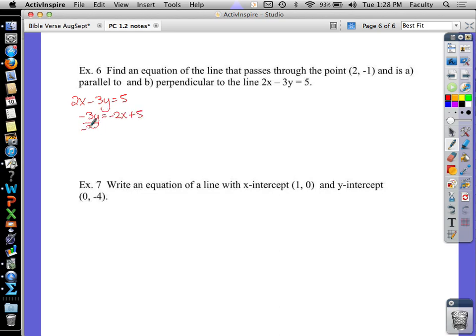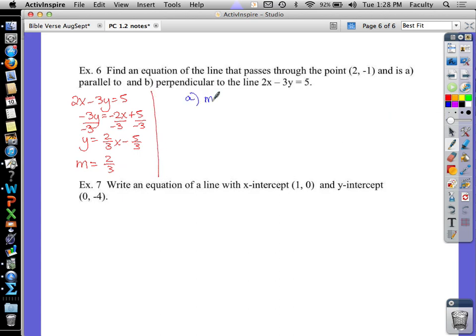So we're going to solve it for y equals mx plus b. And I did that rather quickly, but the m is 2/3.